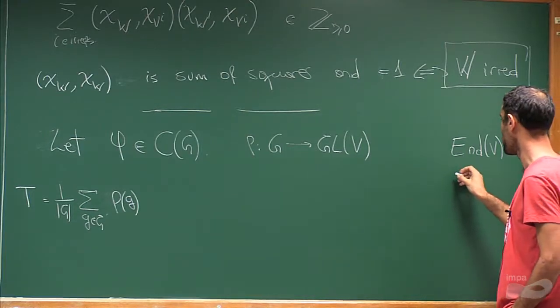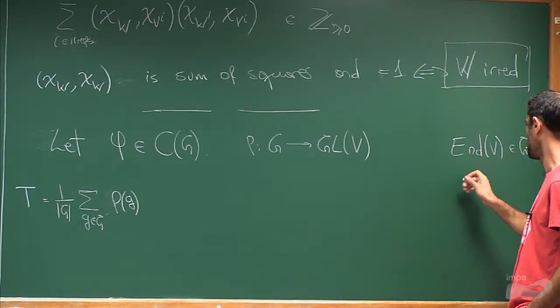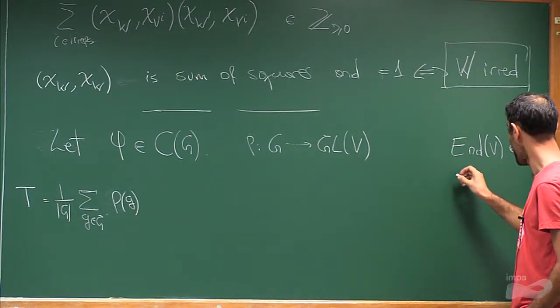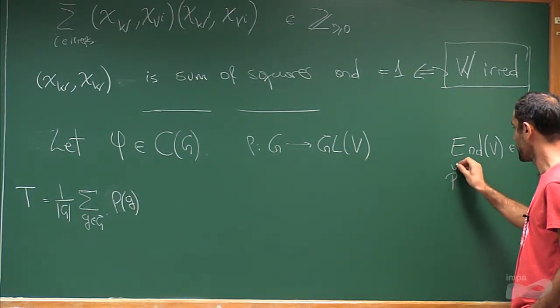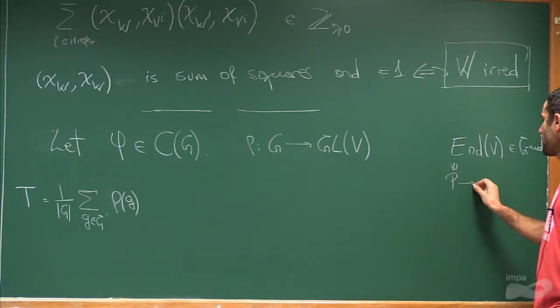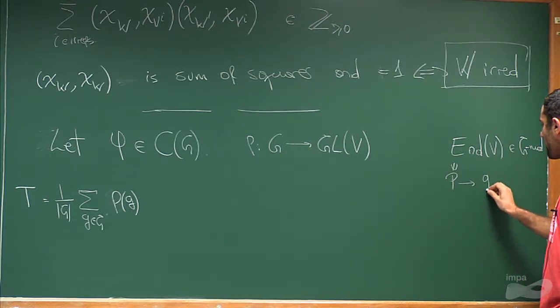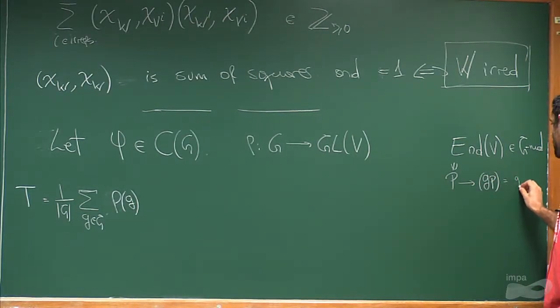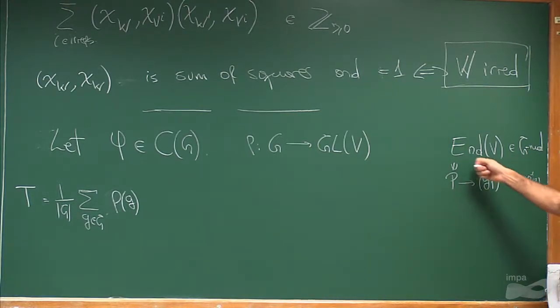Namely, if you give me an endomorphism here, perhaps, that's a good name for an endomorphism, let's say P is an endomorphism here, then we can define an action of G on P by the conjugation: rho of g, P, rho inverse of g. And this defines an action. So this makes this space into a G module.